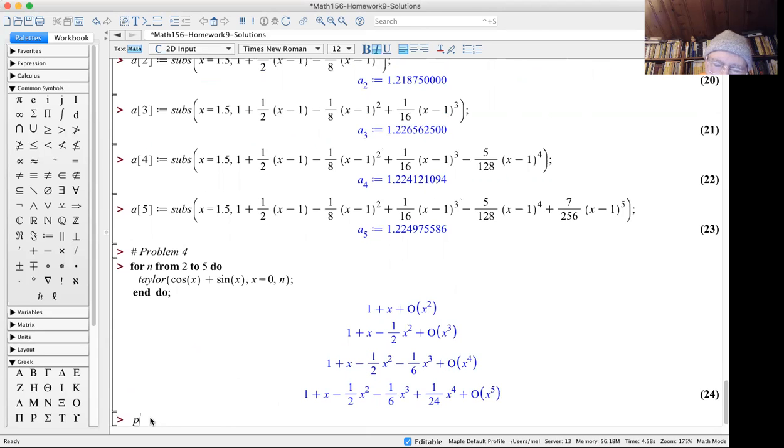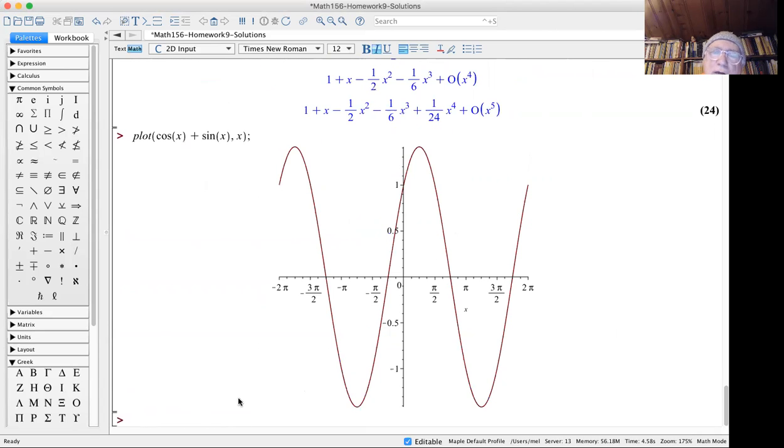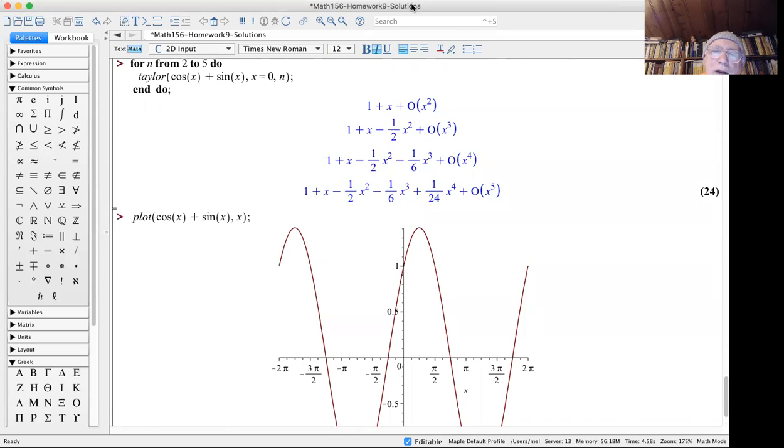Let's see. If I plot cosine of x plus sine of x, that's what it looks like. But then we plot it together with each of these 4 polynomials. So this is 1 plus x.